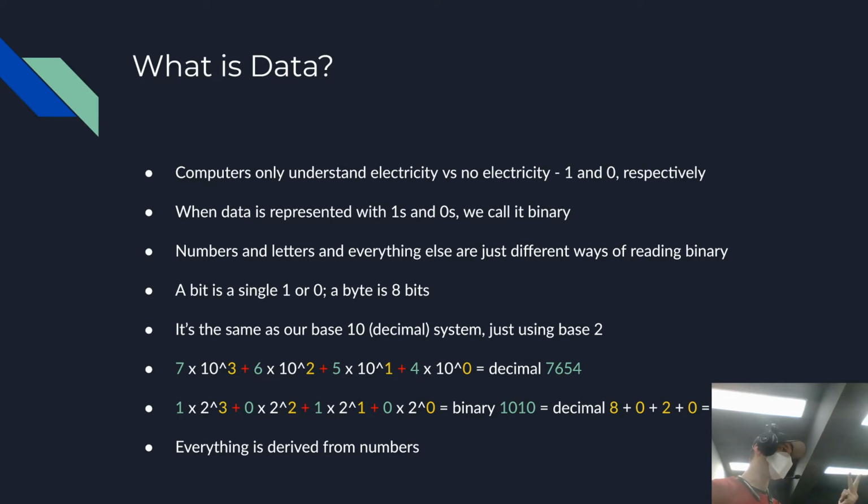Because we have 0, 1, 2, 3, 4, 5, 6, 7, 8, 9, right? 10 digits. Binary is just 2 digits. Now, everything in your computer is represented as binary, a 0 or a 1. And the computer translates between binary and these images you see on the screen, this color, this text. It's all just ones and zeros, okay?